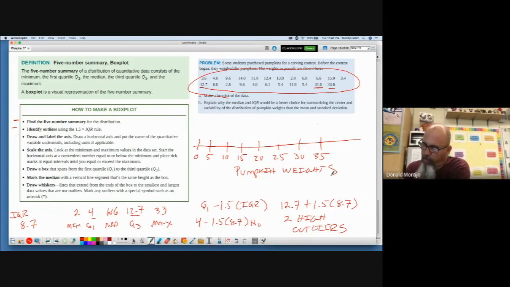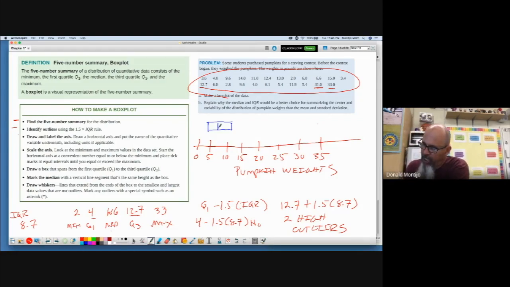Draw a box that spans the first quartile and the third quartile. I'm going to change the color up real quick so it shows up better. Q1 was at 4. Q3 was at 12.7. Mark the median. Oh, the median was at 6.6.